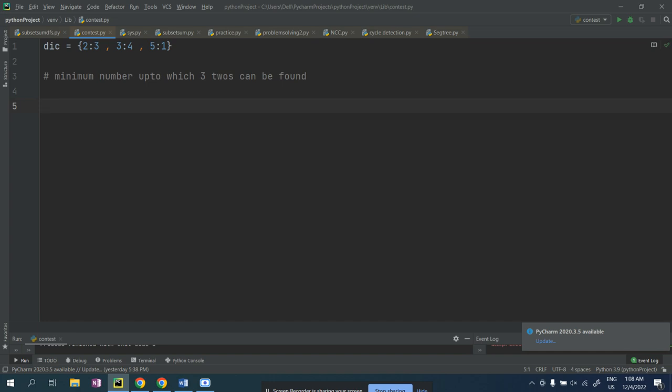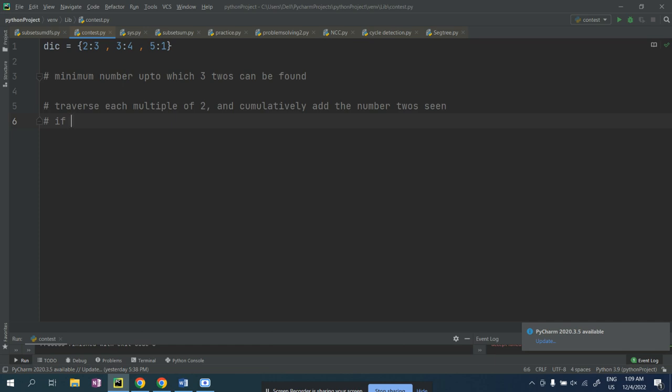right? So what we will do, you will traverse each multiple of 2 and cumulatively add the number of twos seen.